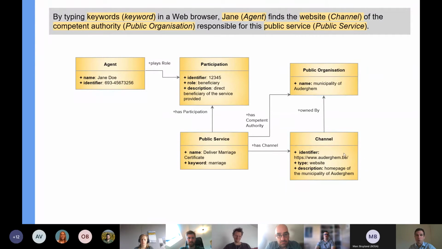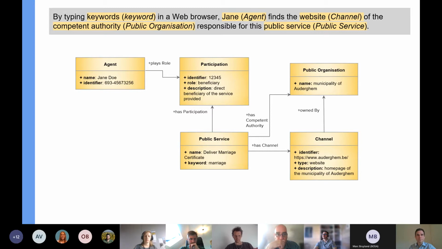One could be, for example, the homepage of the municipality where Jane is looking for information. So in this case, Oudergem. And you can indicate different information about this page, such as the fact that it's actually a website. And in the description, you can mention that it's also the homepage of the municipality of Oudergem. That's information about the channel, about the website itself.